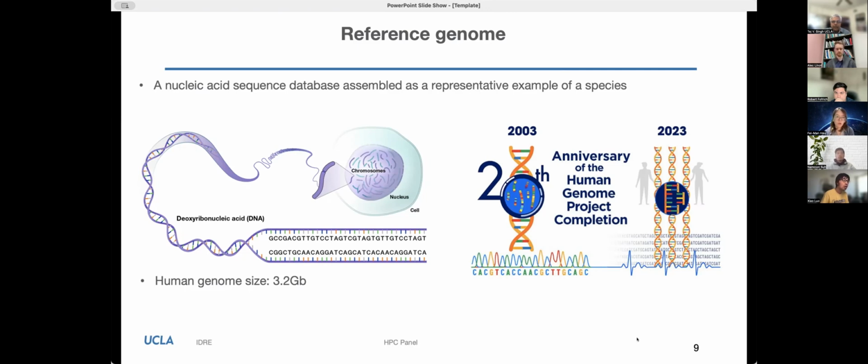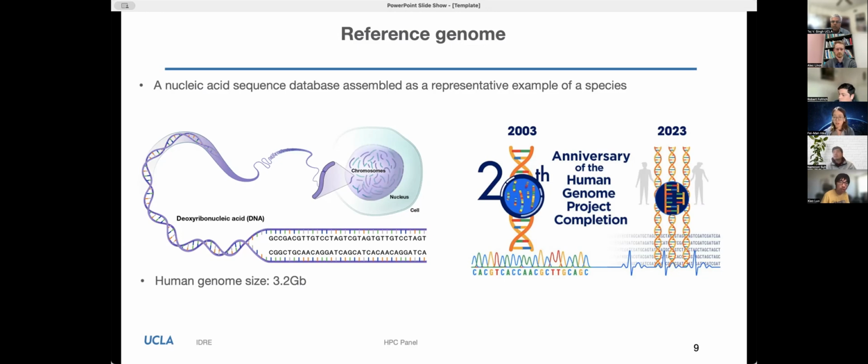So DNA is basically composed of 4 letters: A, C, G, T. And some parts of the genome are repetitive and we cannot know specifically what exact sequence they are. So there will be ambiguous bases in every assembled genome. The human genome size is about 3 gigs or so, for 1 copy of the genome.